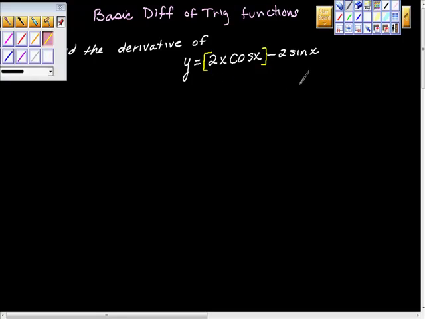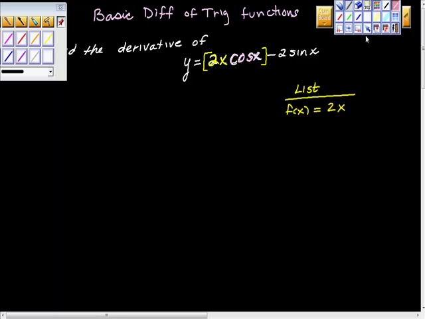I'm always going to start by making a list here. I'm going to use the product rule, so f of x is equal to 2x, because this is 2x times cosine x. So here are our two functions, with cosine x here.